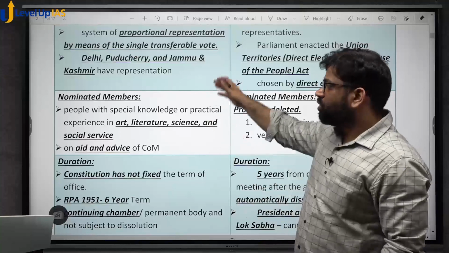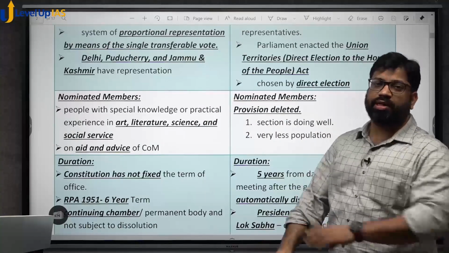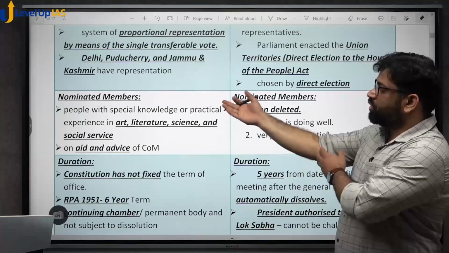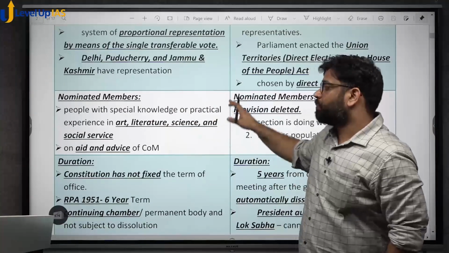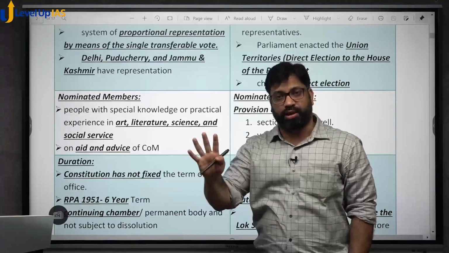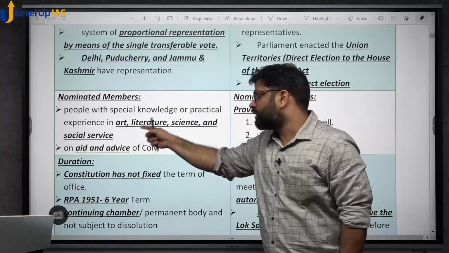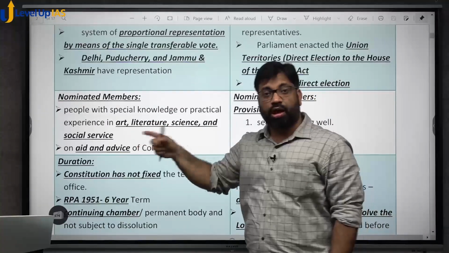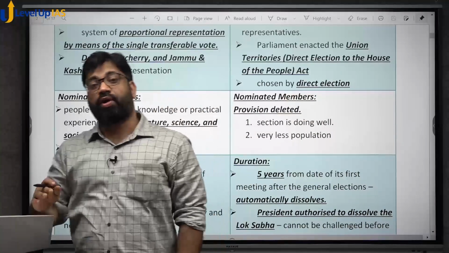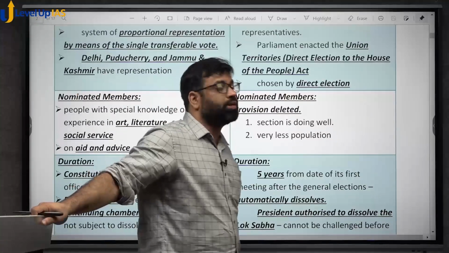Okay. So we learnt about the 238 members from UTs and states. Let's talk about the 12 members who are nominated by the President of India. The nominated members are nominated on the basis of special knowledge or practical experience in 4 things. If you remember, there are art, literature, science, and social service. Now, in case of the governor, he used to nominate a few members.